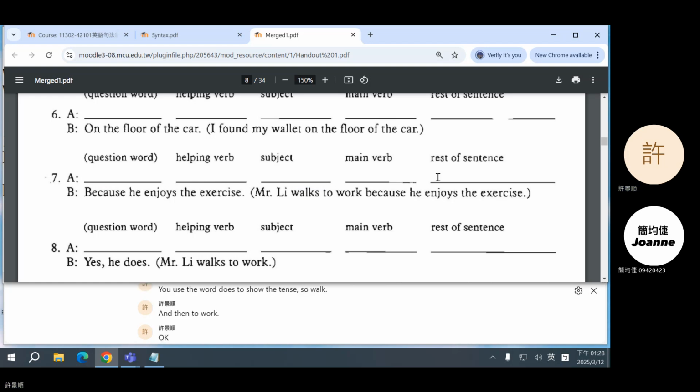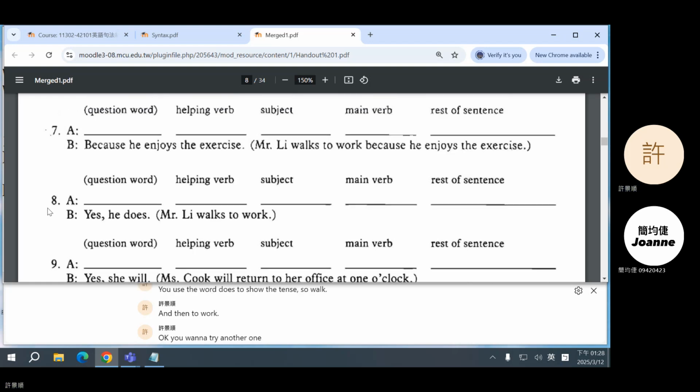Okay. You want to try another one? Okay. Orange, question 8, please. Question 8.